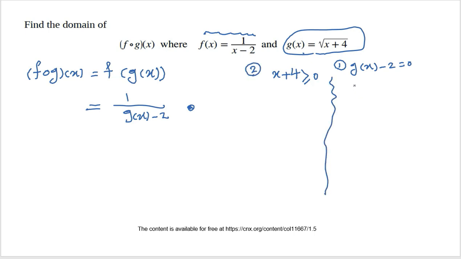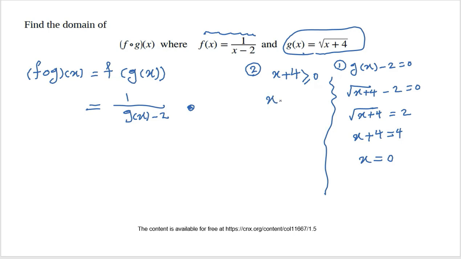So let's solve this one first. g of x, square root of x plus 4, minus 2 is equal to 0. Square root of x plus 4 is equal to 2. So x plus 4 is equal to 4. So x is equal to 0. So the domain cannot include 0.